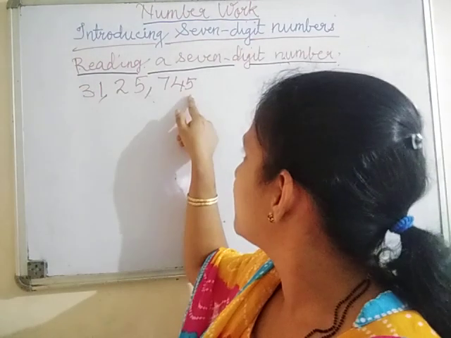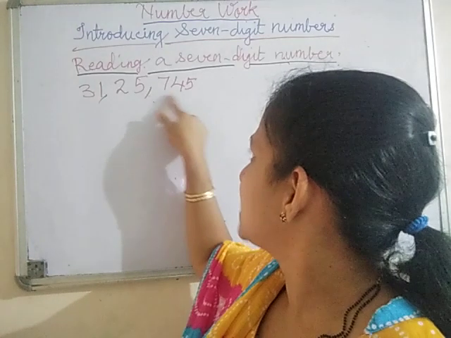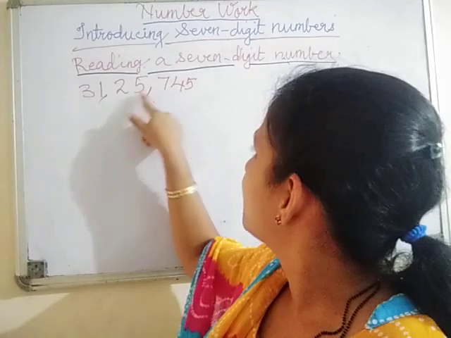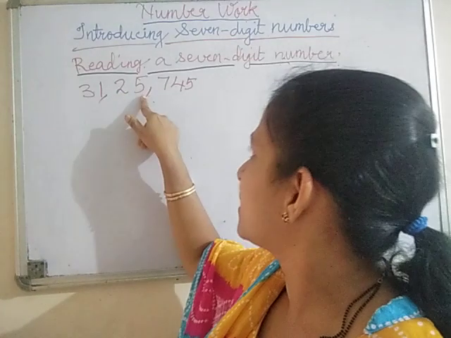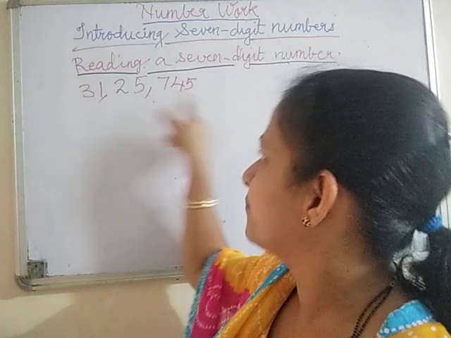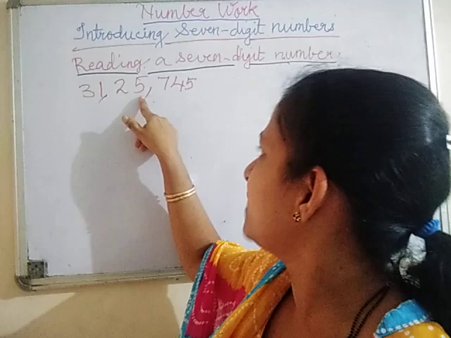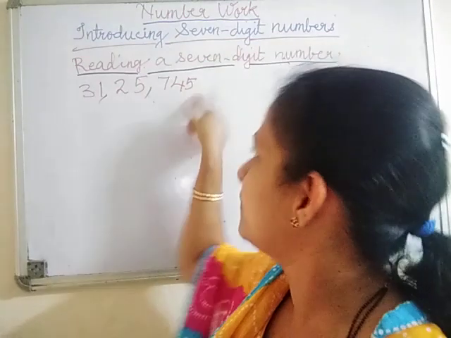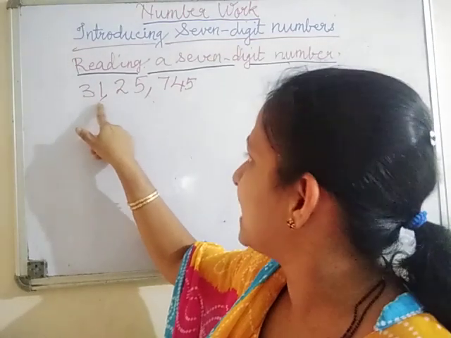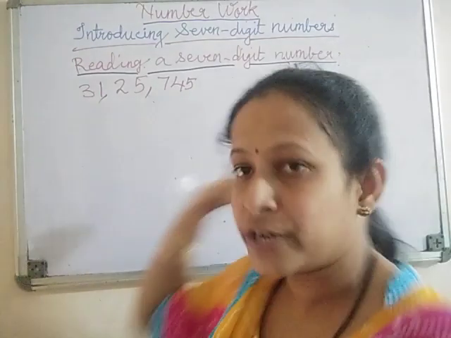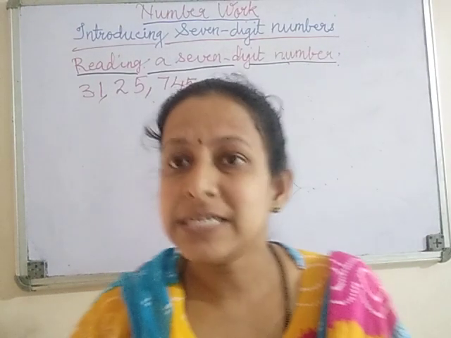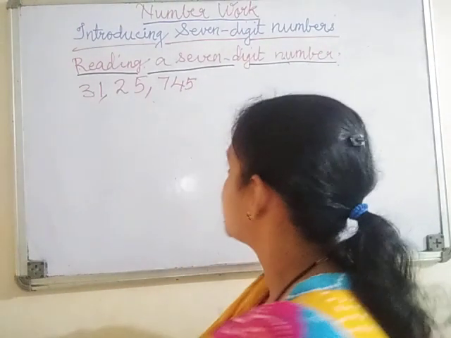It will be 745, 5,745, 25,745, 1,25,745, and now 31,25,745. So this is the way you are supposed to read it.